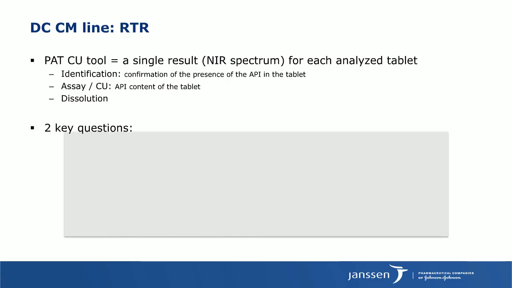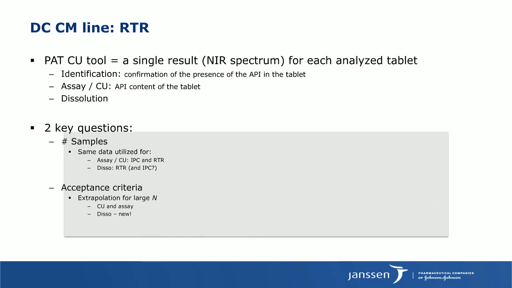Then there are two key questions that we need to answer. First of all, the number of samples that we need to use for release testing. And we already mentioned that we can use the same data used for the in-process control, so your control strategy and your real-time release testing. We can do this for assay and content uniformity.